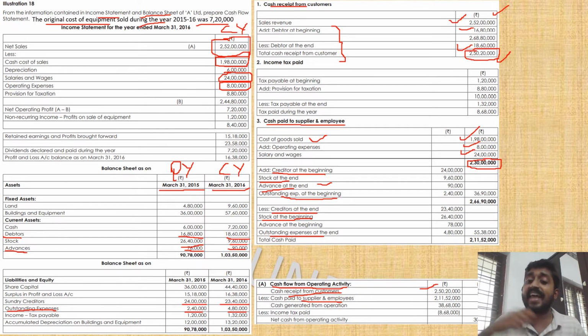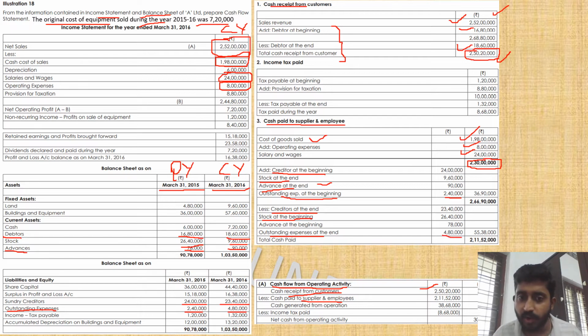Outstanding expenses has increased in the balance sheet, which means our payment pending amount has gone up, which is good for the cash flow. That's why you are adding 2.4 lakhs and reducing 4.8 lakhs.